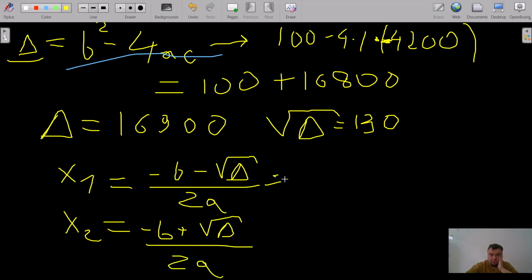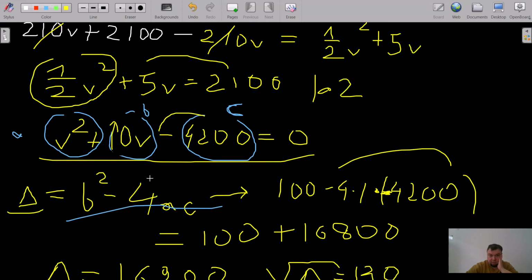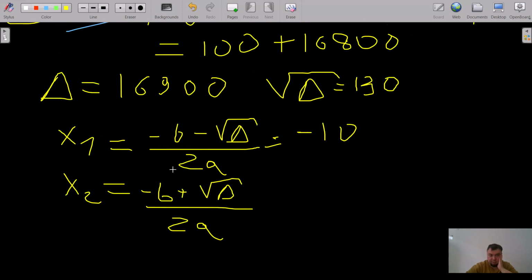So the first, x1, you can calculate is negative 10. This is minus b. You see that b equals 10. Here you can see coefficient b equals 10. So it was minus b minus 130 divided by 2.